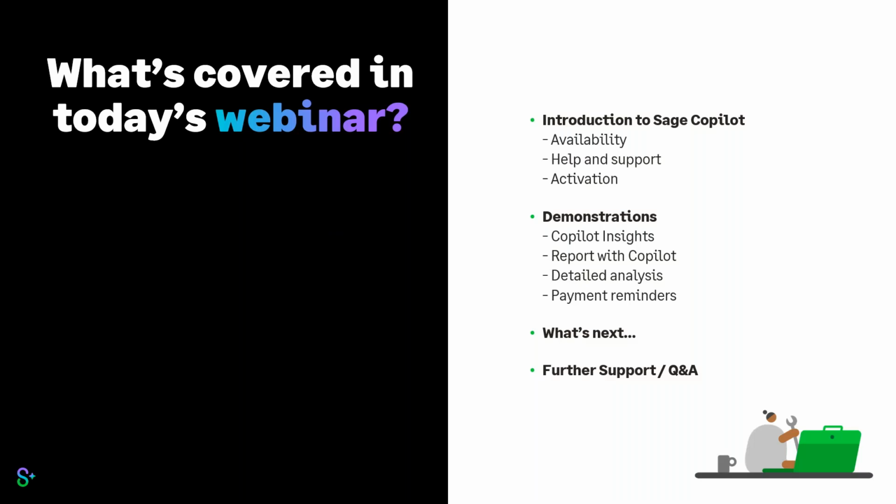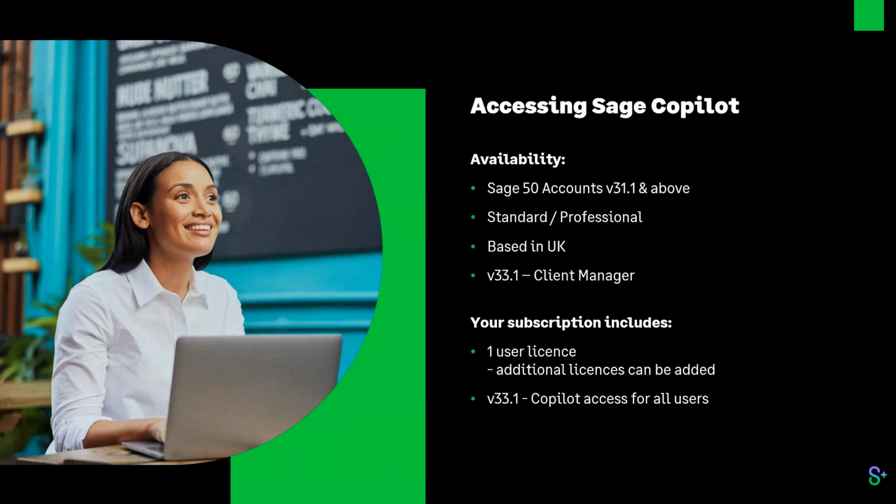Right, so let's start with a little bit of an introduction. Who can access it first of all? You will have noticed when you registered that it does say UK only, and that's one of the key things with accessing it.